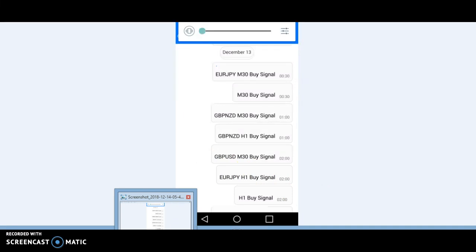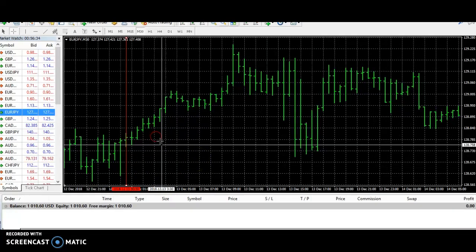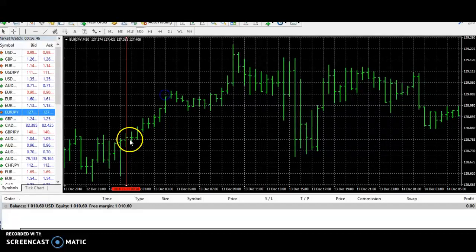So on a 30-minute chart, let's go back, and this is matching. By the way, this is exactly matching. So in 30 minutes, if you had to take profit of 20, which is the normal take profit for this strategy, take 20 pips.